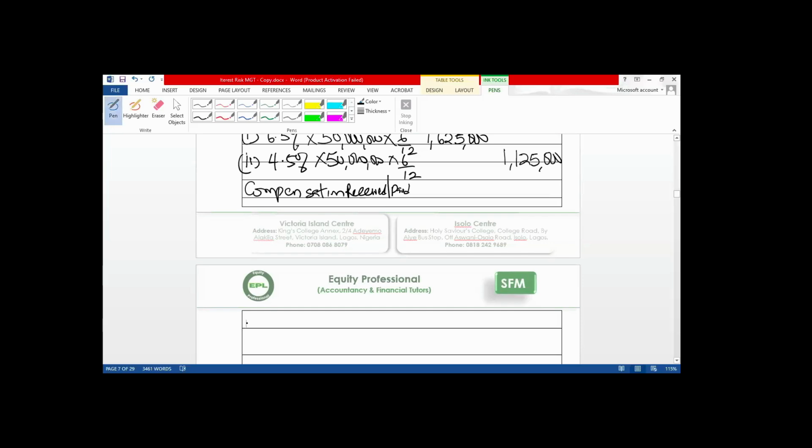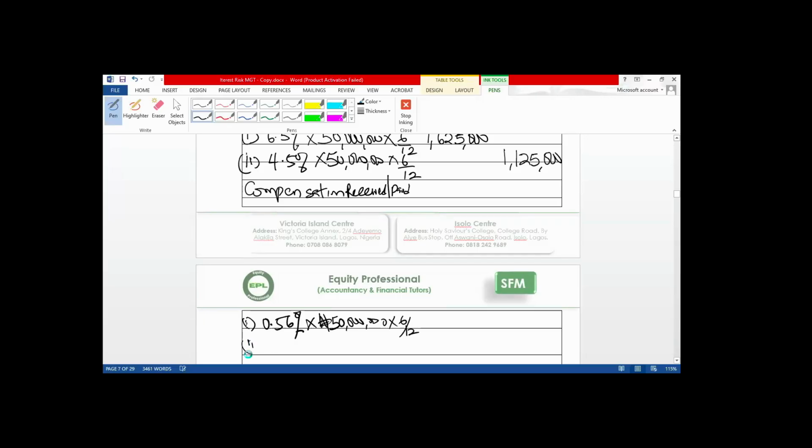For scenario 1, 0.56% of 50 million for 6 months. That will be compensation you are going to receive, so as to reduce the amount you have paid. Please compute.